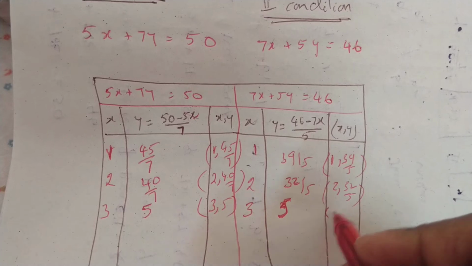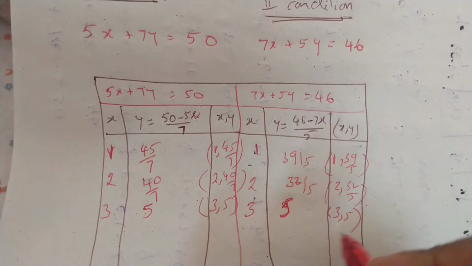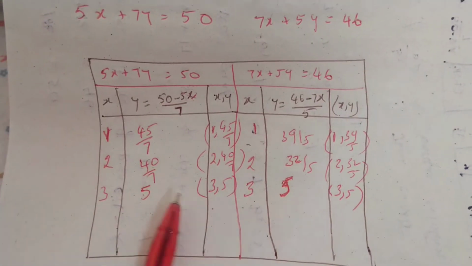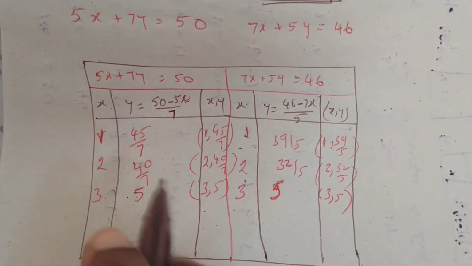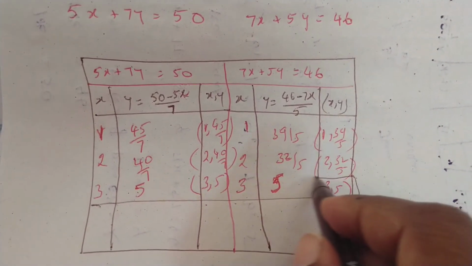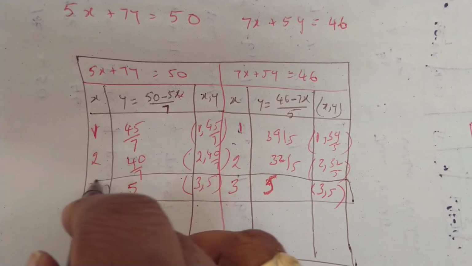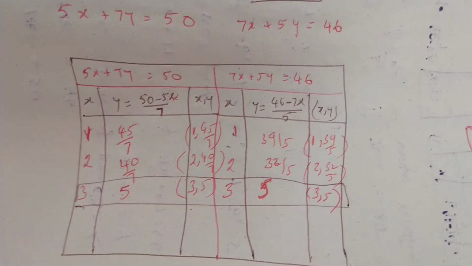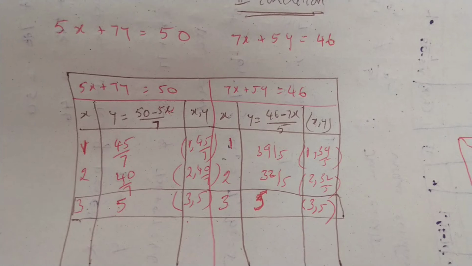So I got it to be 3 comma 5. So it's easy now for us. This is the one which is giving us the unique values. That means when x is equal to 3, you got y to be equal to 5 in both the cases. So therefore, this is the solution of the equation.